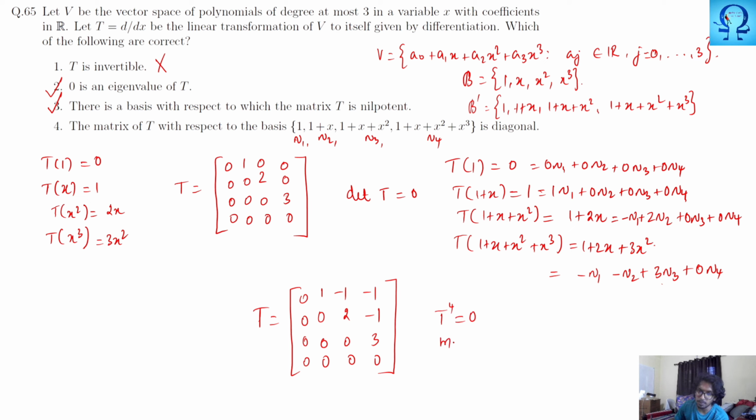Hence the minimal polynomial of this matrix is not equal to x. Hence T is not diagonalizable. Option 4 is false.